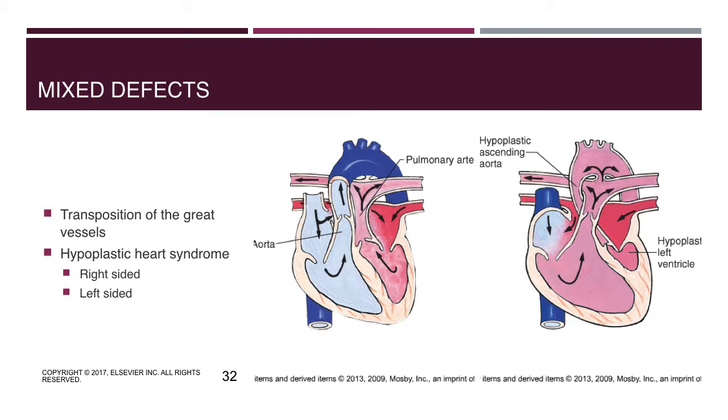So they tend to have pulmonary edema and congestive heart failure, and they're blue. And this is one of the cases where the doctors will do interventional heart caths to enlarge that foramen ovale so that there's mixing of the blood until they can do surgery on these kids. And then it's open heart surgery for these repairs.